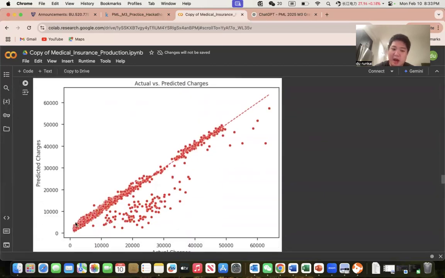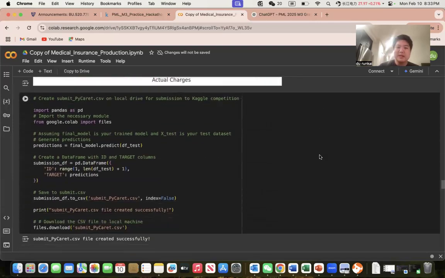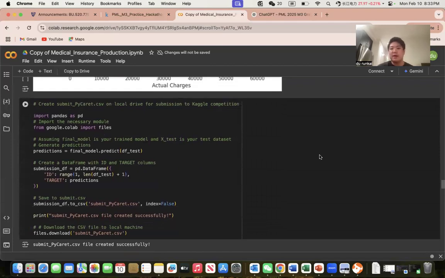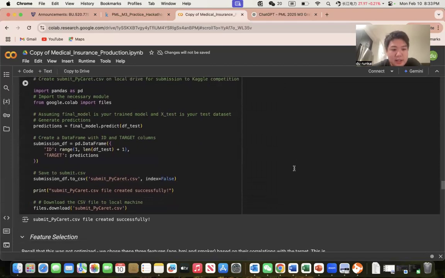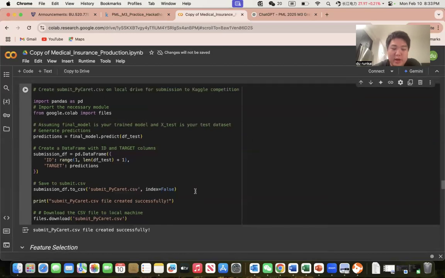Every point is really close to the linear line, which means the model is really good here, because the accuracy R square is about 0.84. It's really high for linear regression. And that's the way we can export all the data set and all the final values to a CSV.